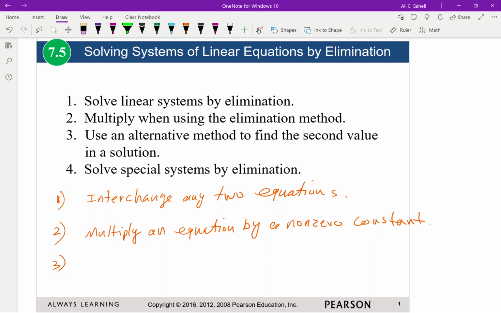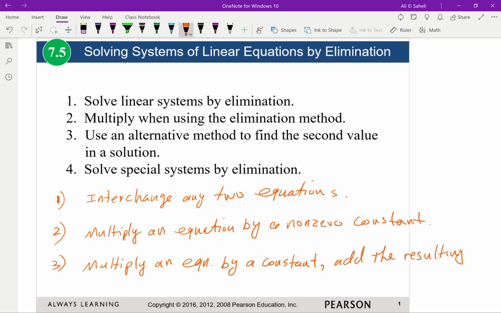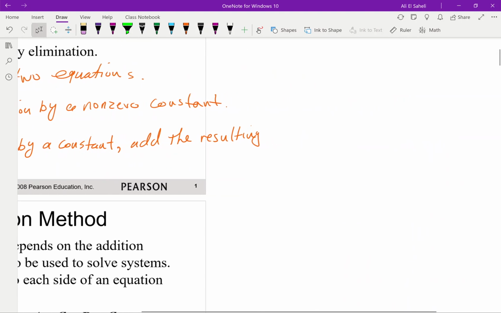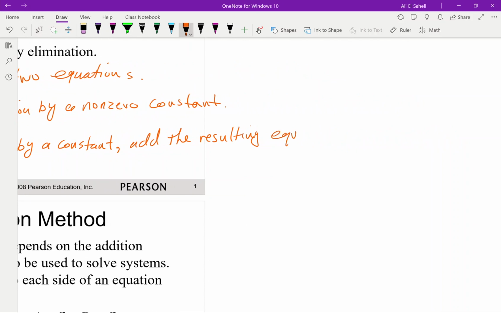And the third operation is that you can take one equation, multiply the equation by a constant, and add the resulting equation to another equation.